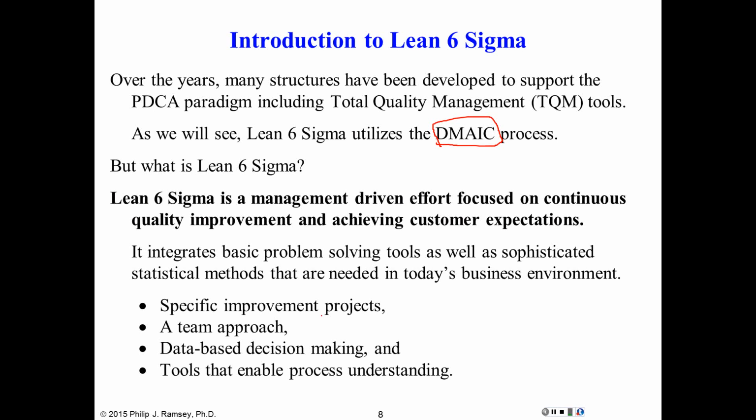Number one, it's project-based. So typically in Lean and in Six Sigma, when we find gaps or difficulties in performance, projects are formed that focus on improvement. And typically these projects are worked upon by a team. So usually you'll have a team working on the project. And something that was very important, in fact, I think is one of the keys to the success of Six Sigma itself, it's very much data driven in terms of decision making.